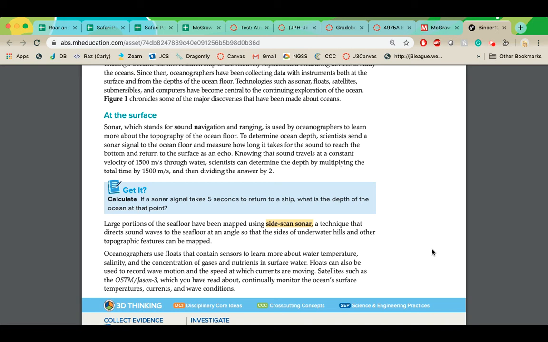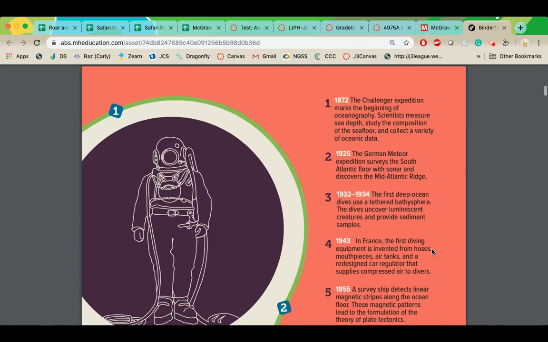Scientists use different types of floats that float out in the ocean to measure water temperature, salinity, how many gases are there, and the nutrients in the water. You will actually do a lab where you will look at different actual monitoring systems that the US government has. So, all of these are different ways of studying the ocean.